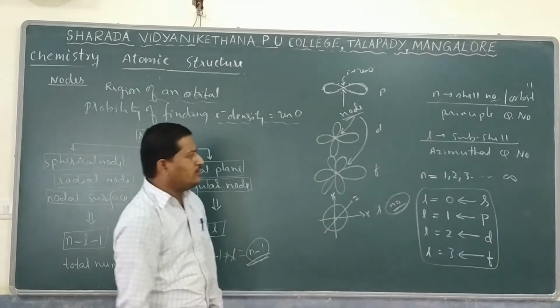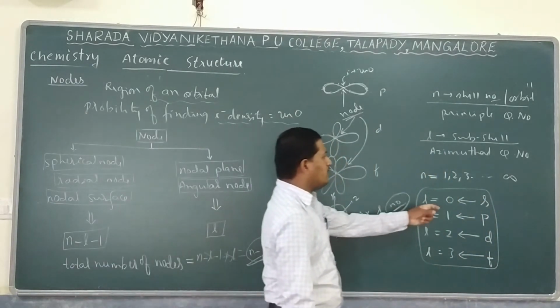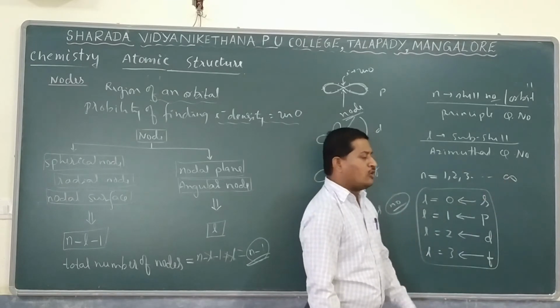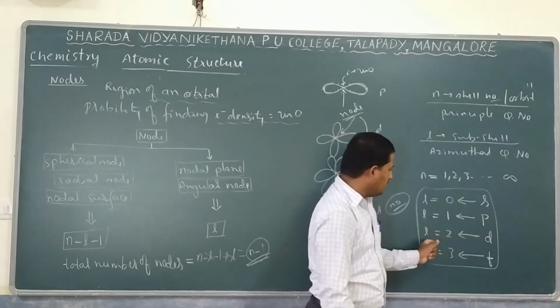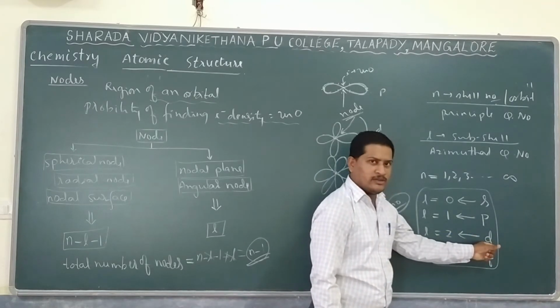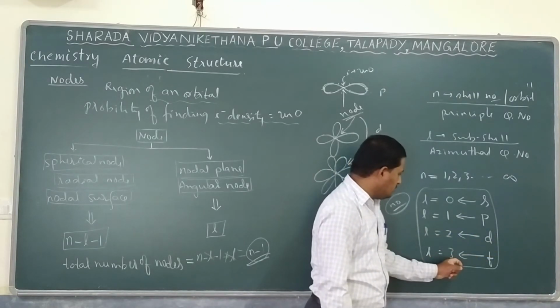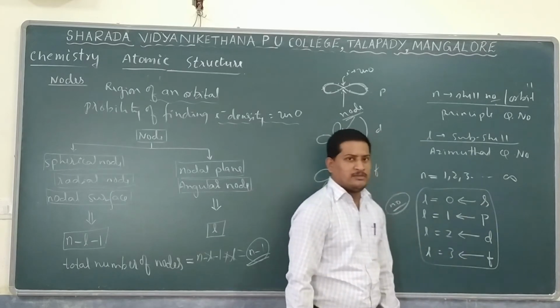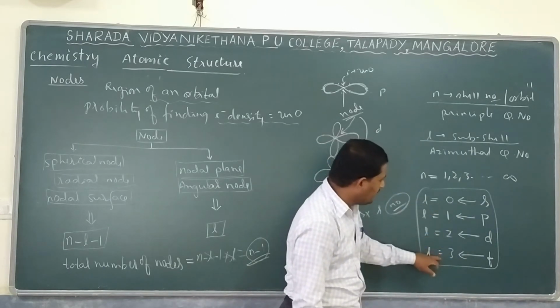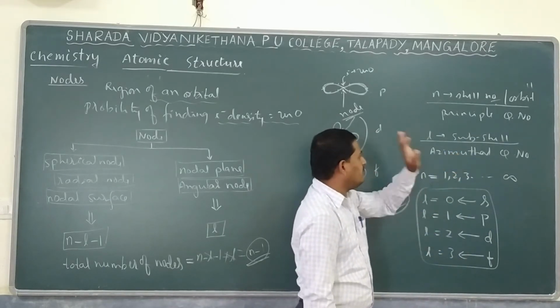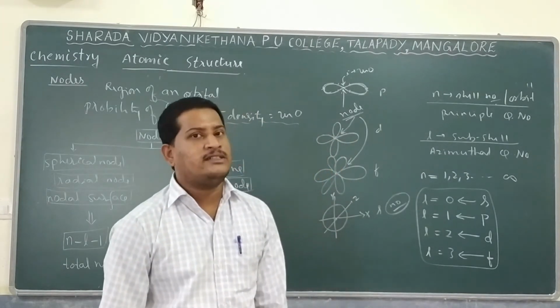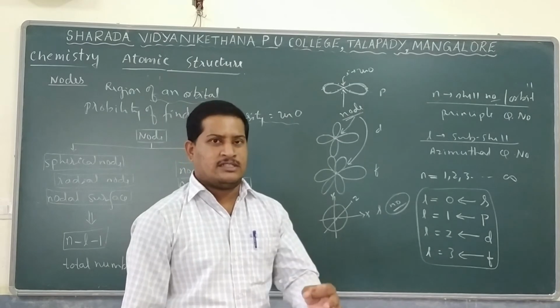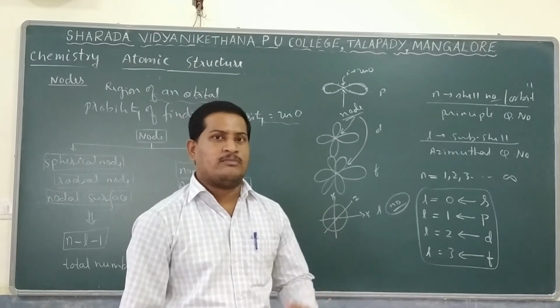So l value, if it is 0, stands for s orbitals, l equal to 1 for p, l equal to 2 for d orbital or d subshell, and l equal to 3 for f orbital or f subshell. So using these l values and also the above n value, it is possible to find out the number of nodes present in a particular stationary state in a particular orbital.